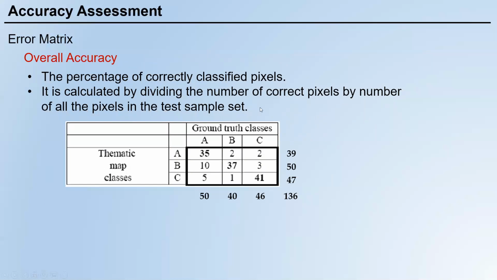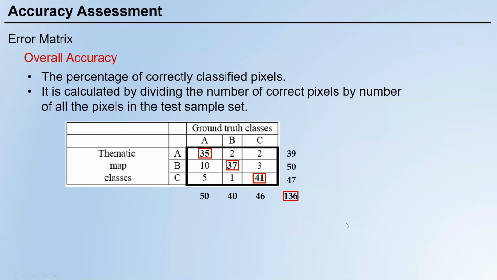or your whole image. So where are the correctly classified pixels? Along the diagonal, right? 35 plus 37 plus 41. That's the number of pixels that were correctly classified, divided by the total number of pixels.